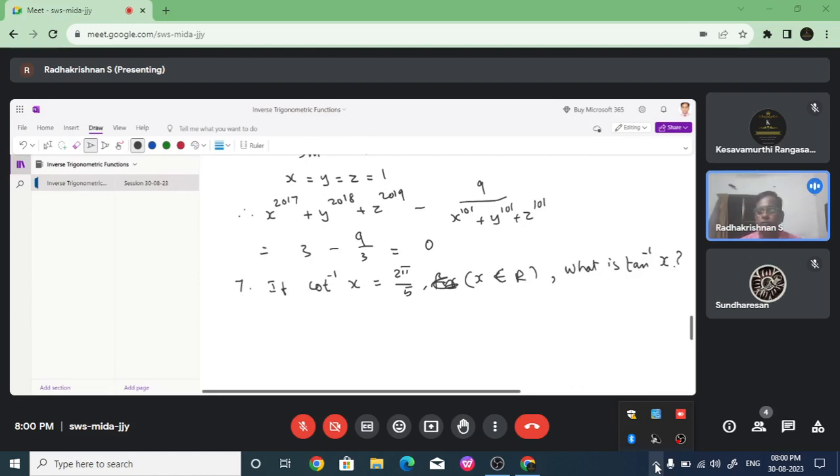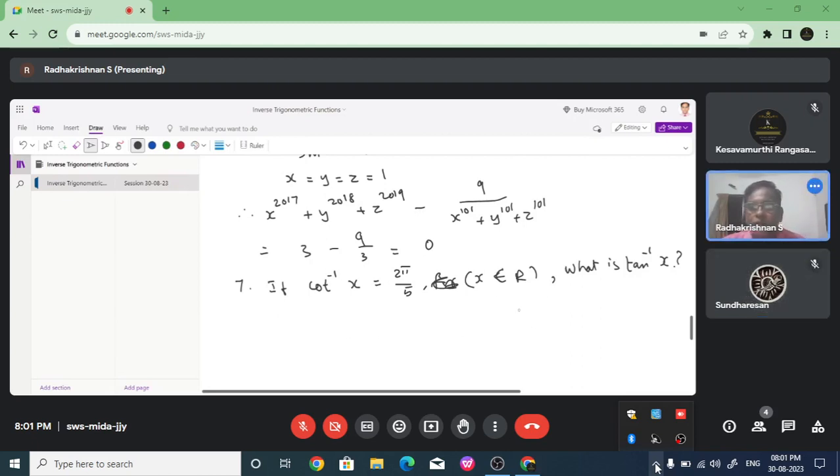So what formula will you use here? Sir, x equal to cot 2 pi by 5. Then cot can be converted into tan, then tan inverse. Correct. Very good. That is a very good approach.